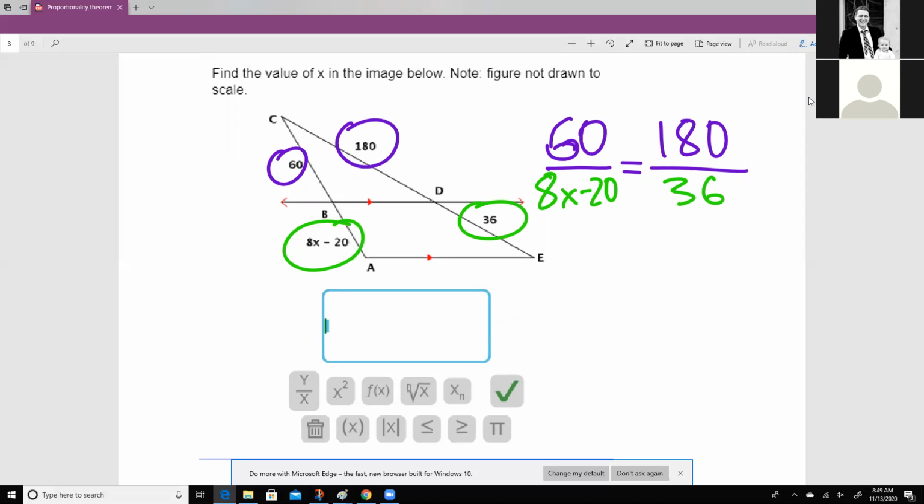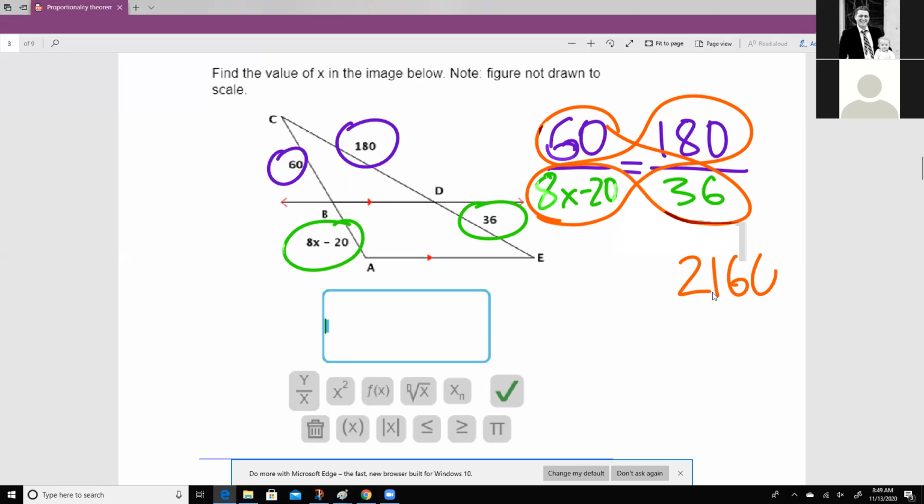And then I will go ahead and cross multiply on this one. Now I know 60 times 36 is 2,160. But what about 180 times 8x minus 20?